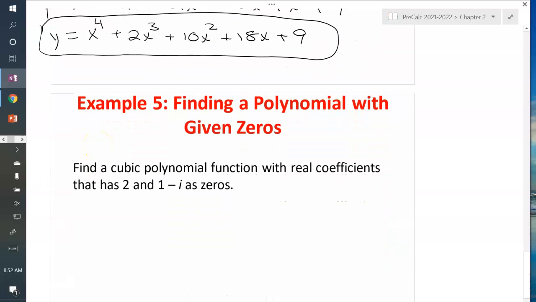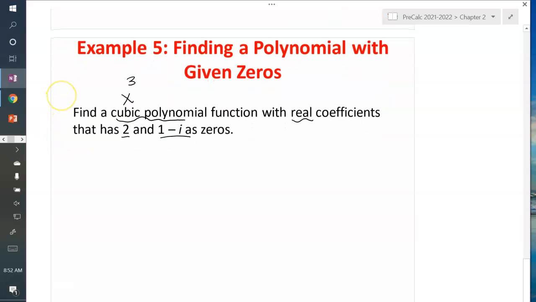All right, we're going to find another polynomial with the given zeros, a cubic polynomial. So cubic means it's going to be an x to the 3rd type polynomial. Again, real coefficients. It has 2 as a 0 and 1 minus i as a 0. So we are doing a cubic. That means we're going to have 3 factors. The first 0 is 2, so x minus 2.